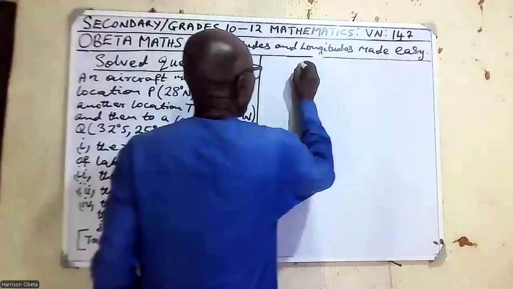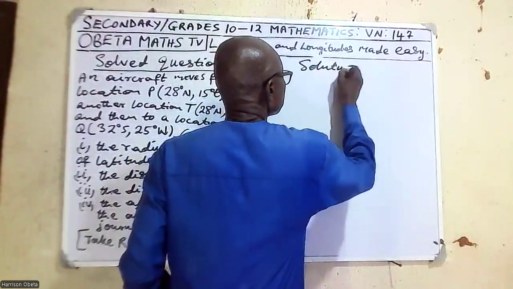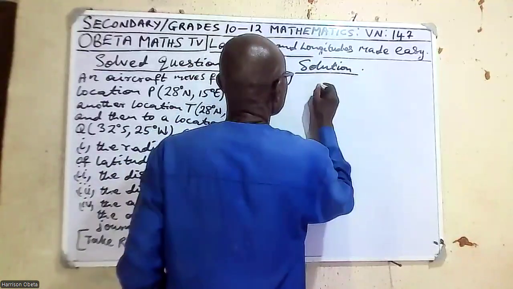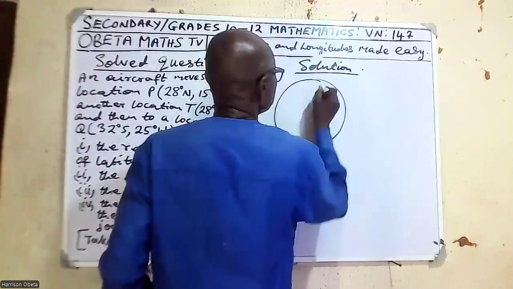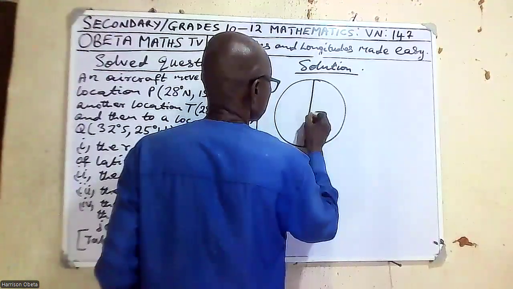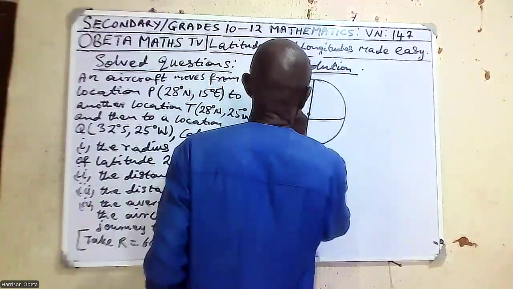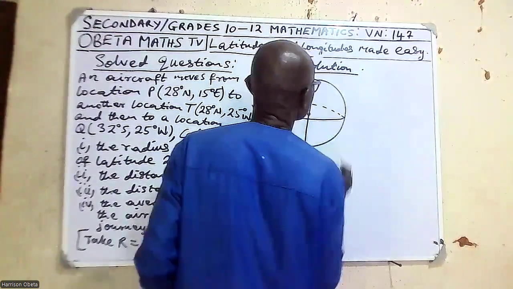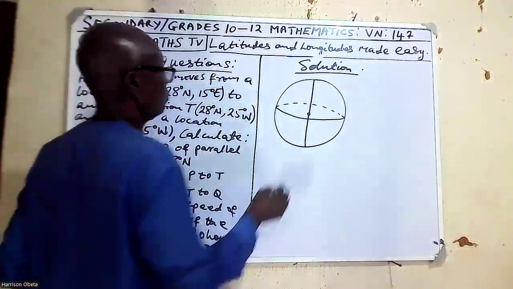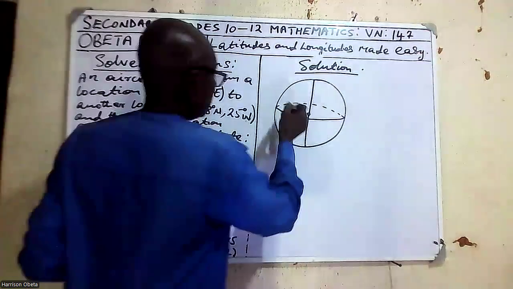Solution. We locate the point P first at the northern part.